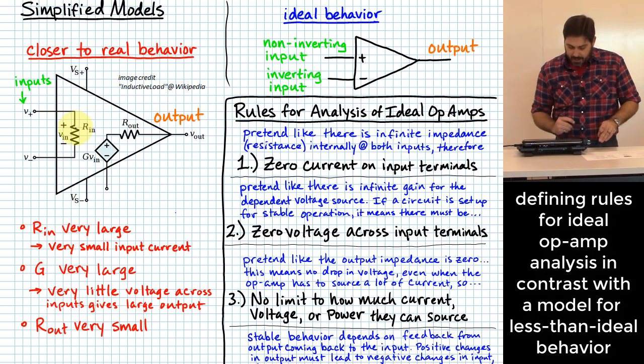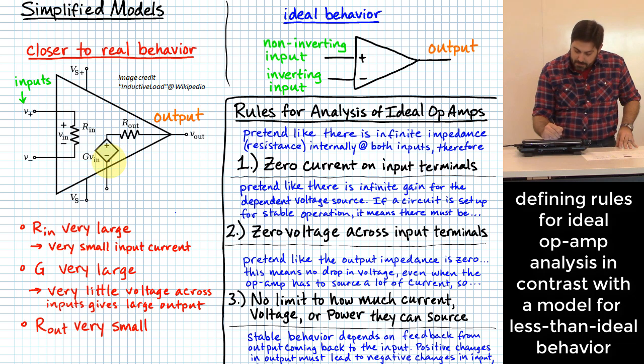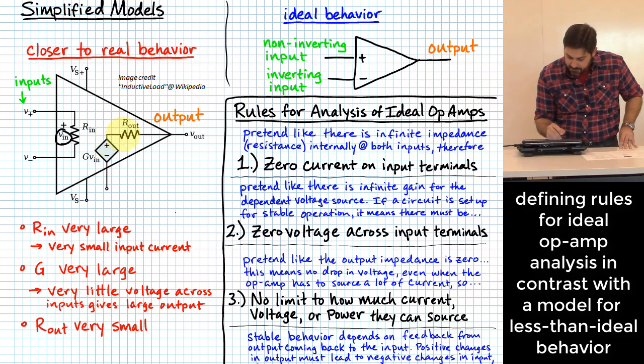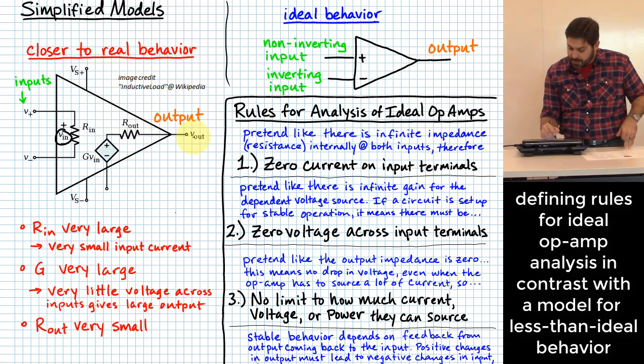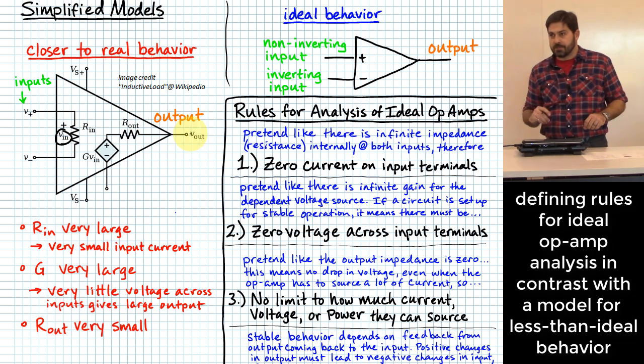It also has this little dependent voltage source that multiplies whatever that input voltage is by some multiplier to create some voltage, and then feeds that through what's called an output impedance, R out, before it goes out to some output voltage.